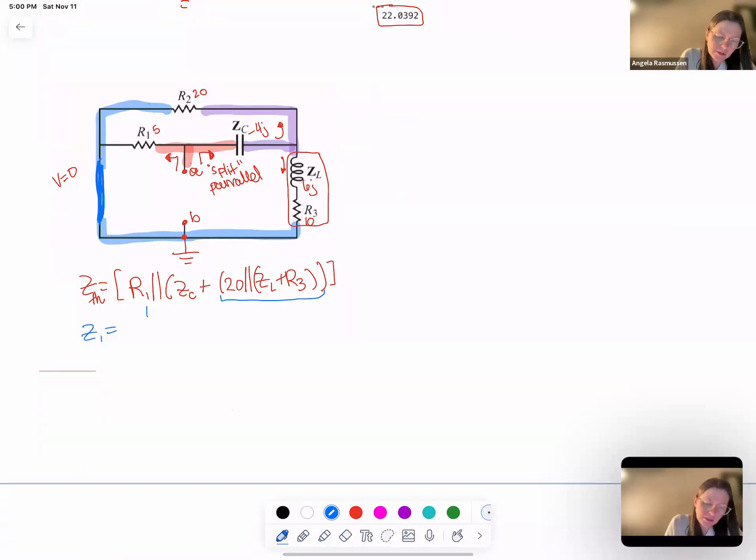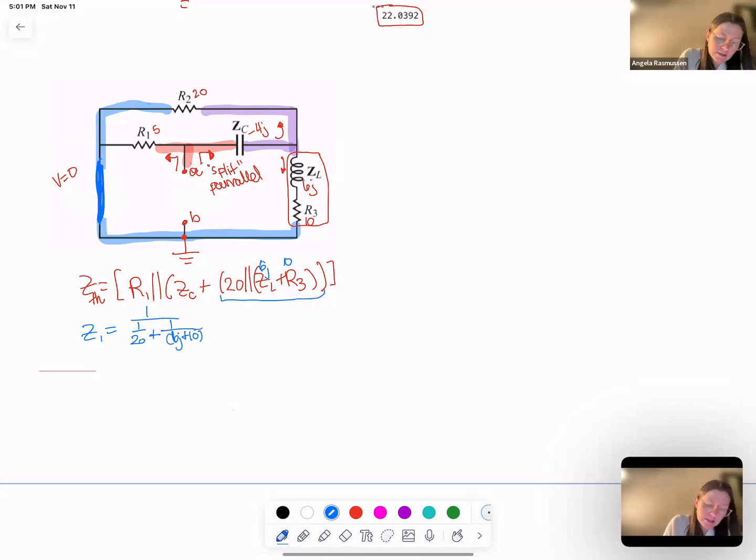And so that becomes 1 over 20 plus 1 over ZL, which is 6J, plus R3, which is 10. So 1 over 6J plus 10.